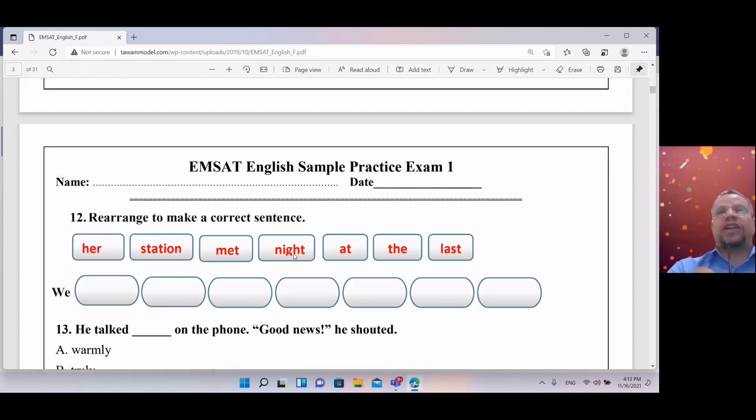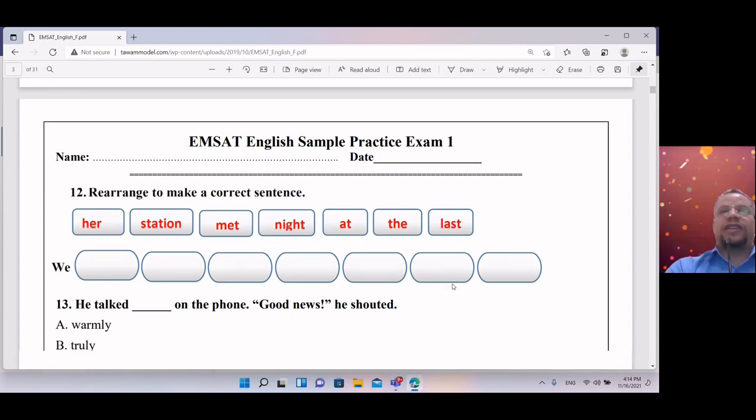Yes, we met her at, yes, the station is a place, last night. Again, we need a verb, met someone, her, at the station last night. That's correct.